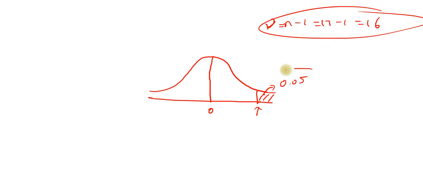And then this value, which is on the right, is defined by Q, which is 0.05, as you would have seen. So let's go and identify that from the T table.